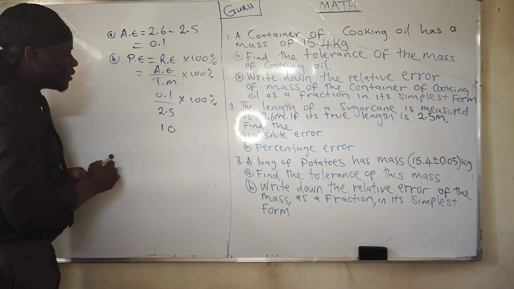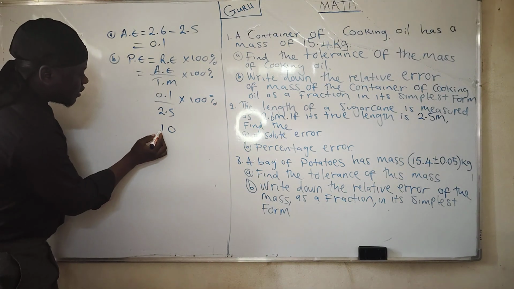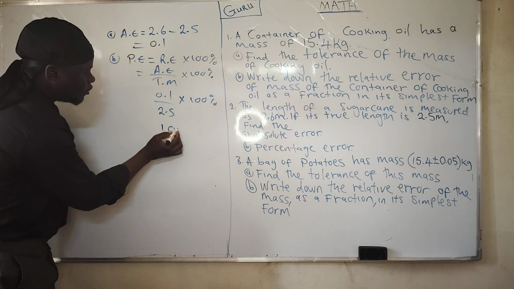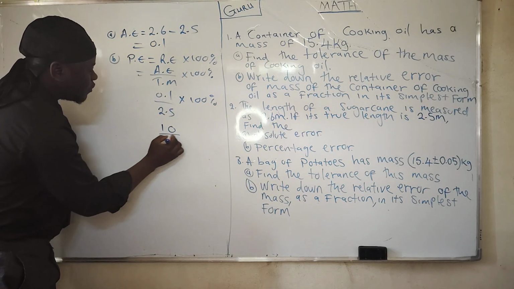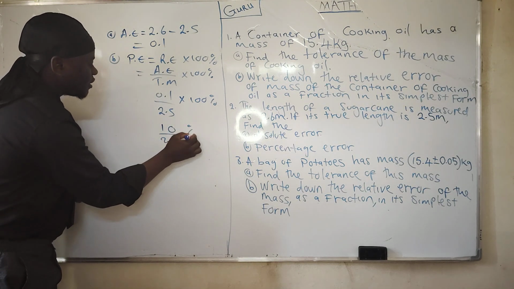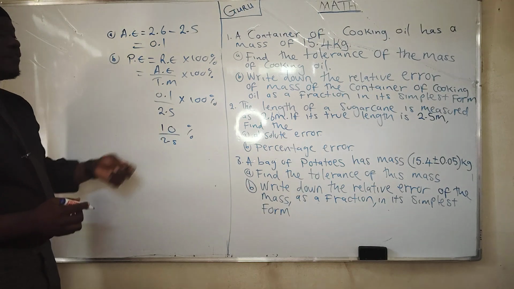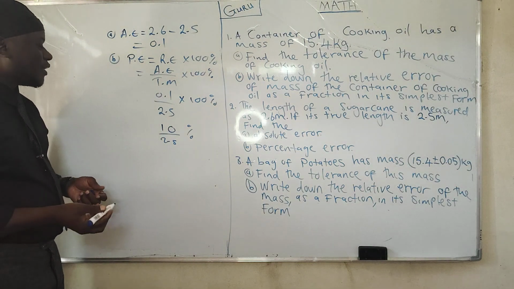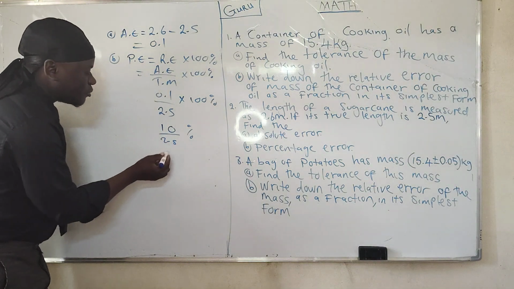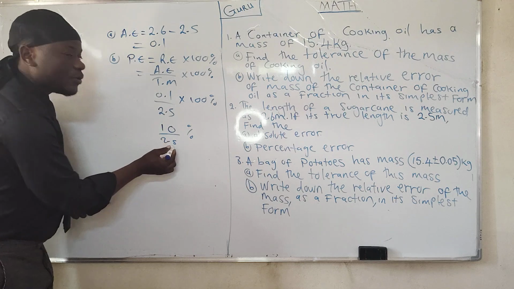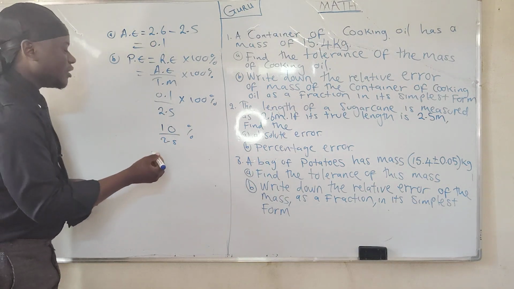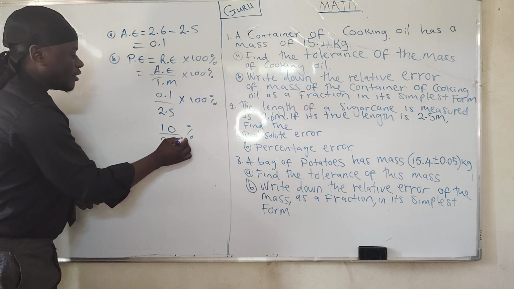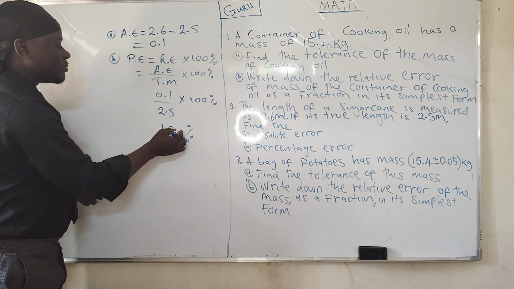Then you end up having what? 10, because the point was here, 1, 2, because of the 2 zeros, over 2.5. Percent is still here. Then 2.5 into 10, if you can't divide, again you have a point here, remove it. So now for you to remove, you have one number after a point, meaning you use 10. You use 10, but now you can't just multiply it down.